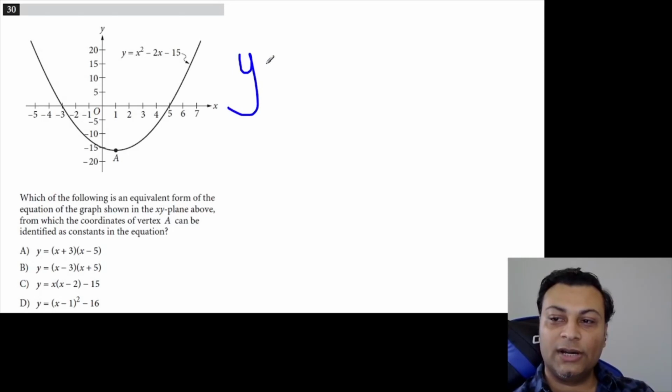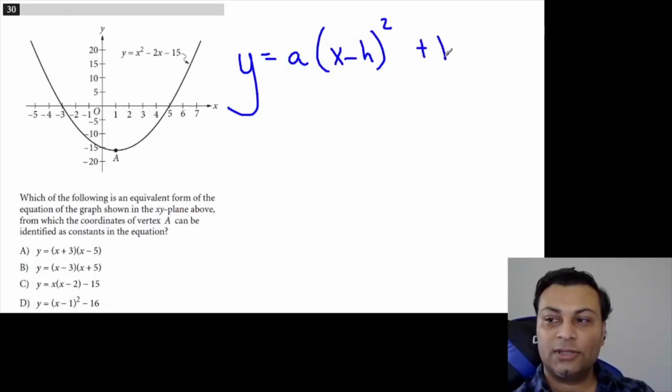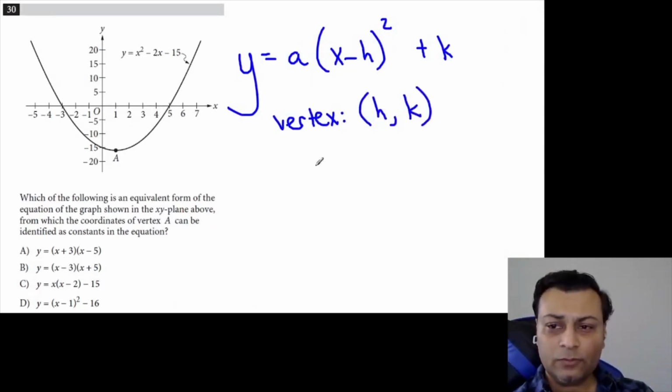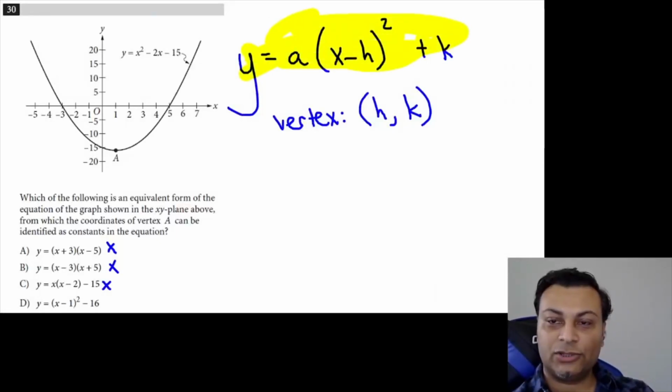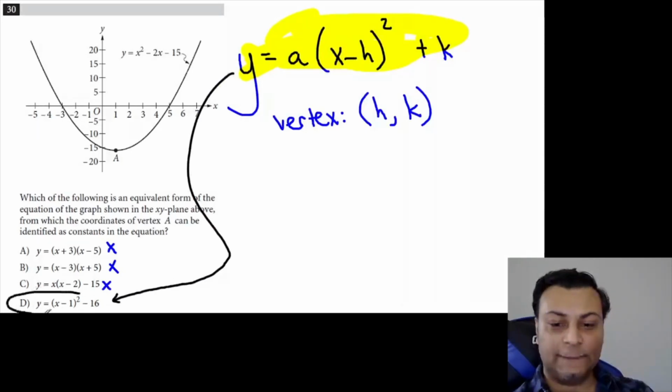Vertex form is y equals some constant times x minus h squared plus k, where the vertex is (h, k). Okay, so this is not vertex form, that's not vertex form, that's not vertex form. Option D is vertex form. This matches option D. So the answer is D.